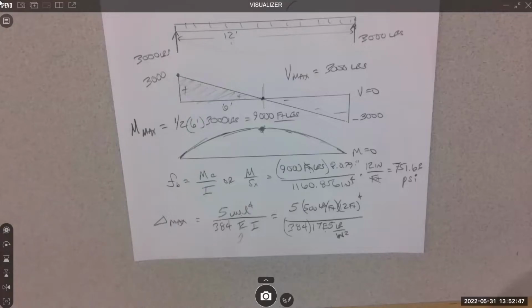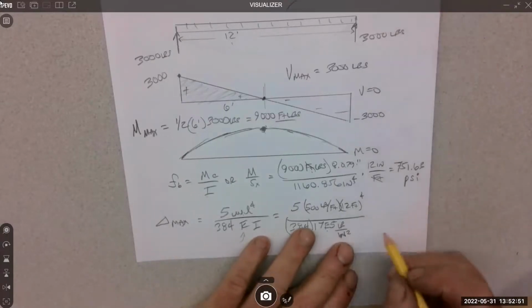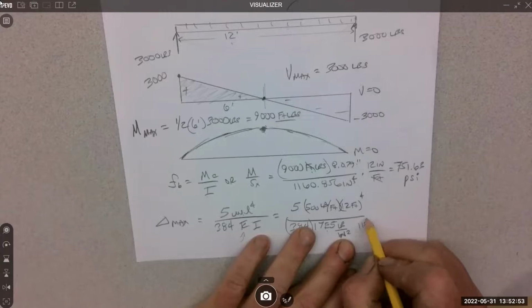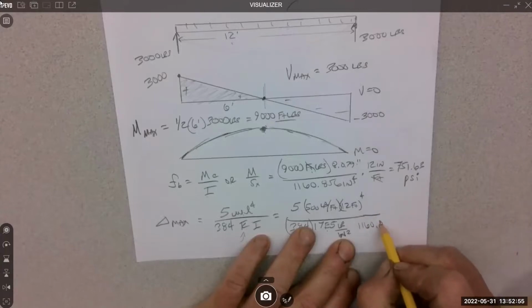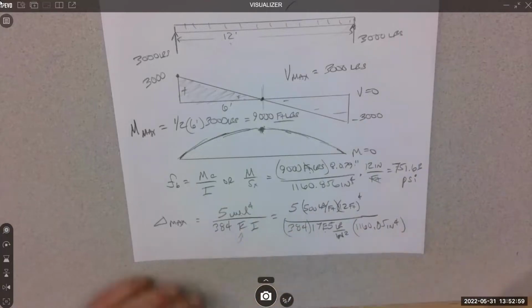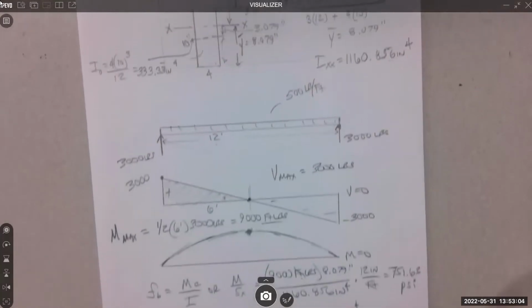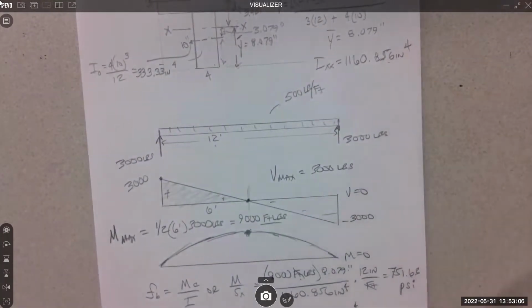And then I, so long ago, what was it? 1160? 0.85 inches to the 4th. And we got the I from up above where we calculated it.